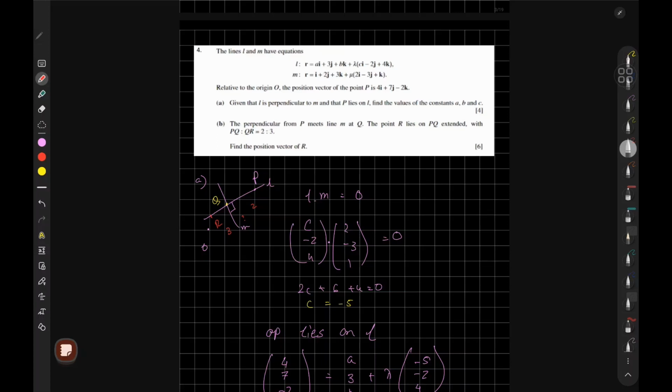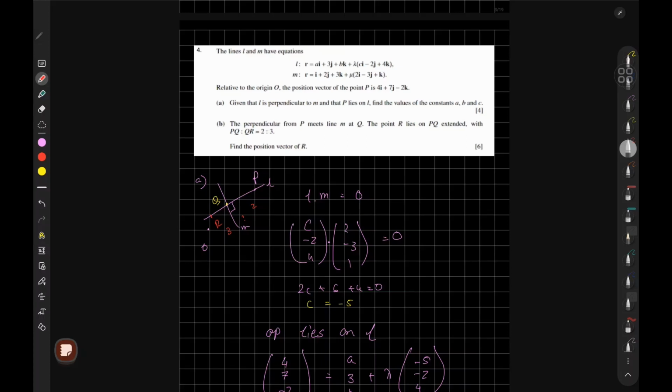Nice. So the question, part A, is: given that L is perpendicular to M. Right. So important information: L is perpendicular to the line M. Nice. So if that is the case, you instantly have to use the dot product equation. What are they saying next?